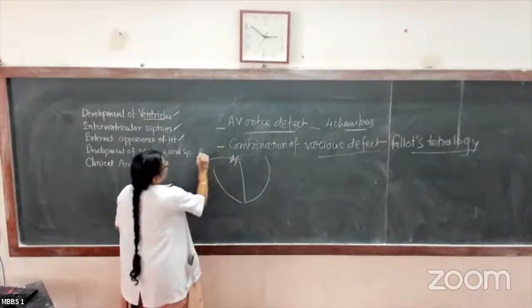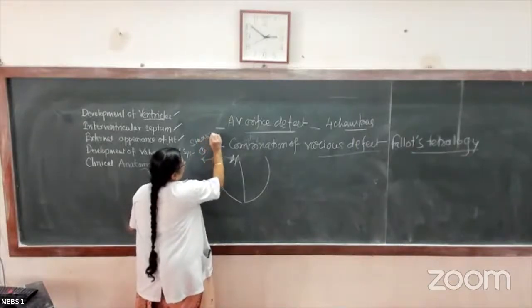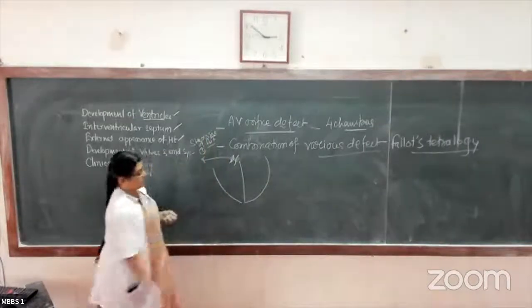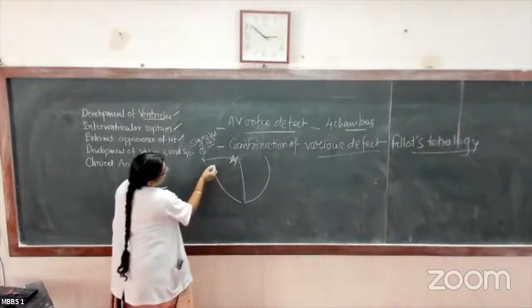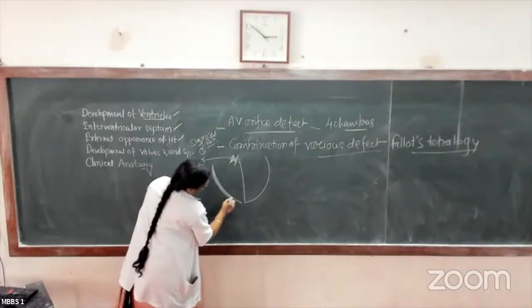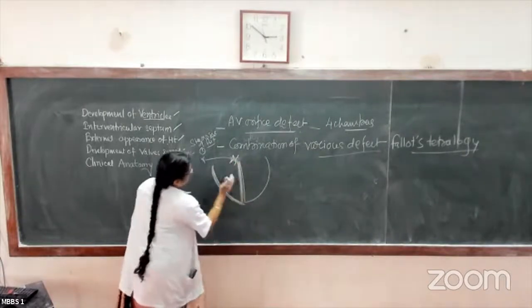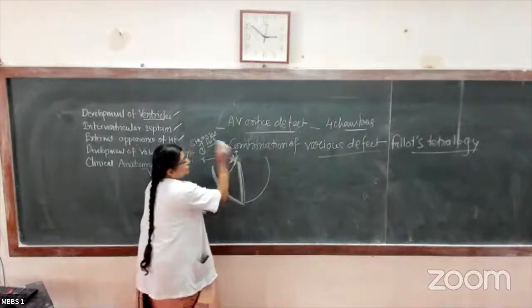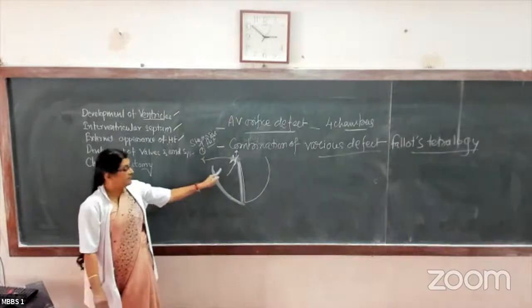So, this is the first feature, stenosis of the pulmonary trunk. So, there will be hypertrophy of the right ventricle, as the right ventricle has to contract more to push the blood into the pulmonary circulation.